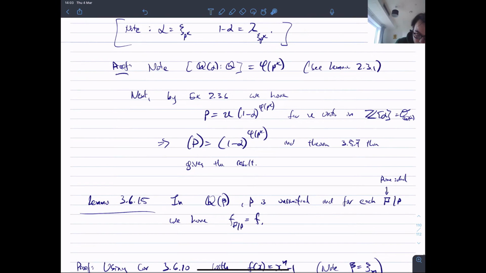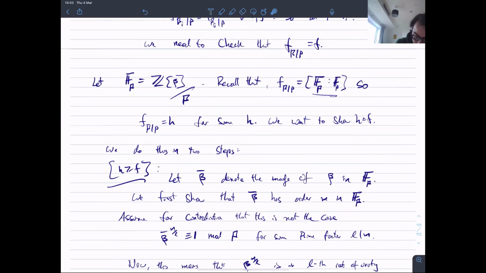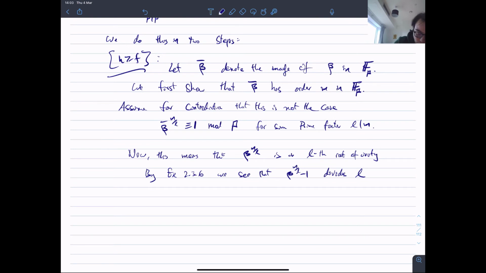So it's the same thing. I have 1 minus beta and I have L in this case because I'm talking about an Lth root of unity. So this divides L, and L is a factor of m. I told you that L divides m.